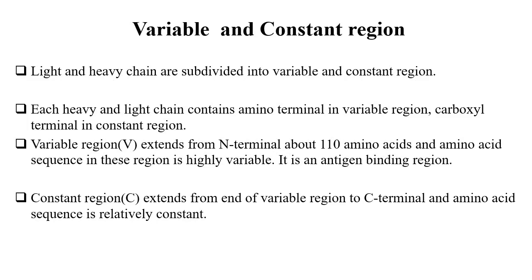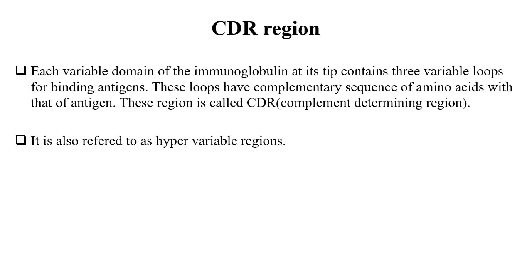The variable region extends from the N-terminal about 110 amino acids, and the amino acid sequence in this region is highly variable. It is an antigen binding region. Constant region. It extends from the end of the variable region to the C-terminal, and the amino acid sequence is relatively constant.